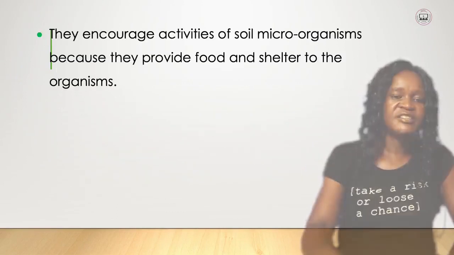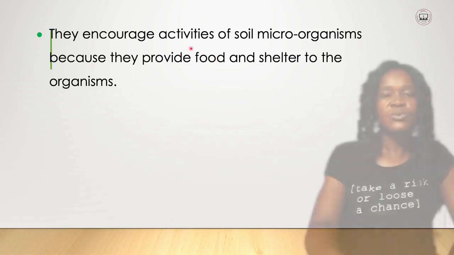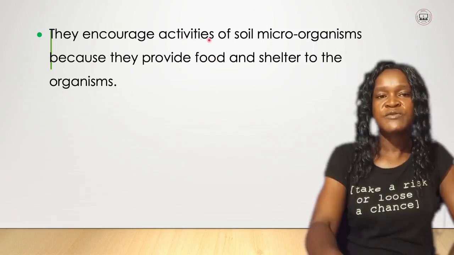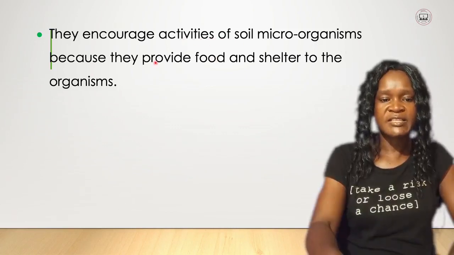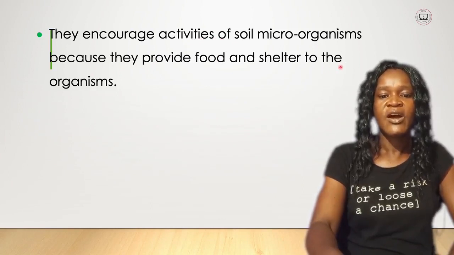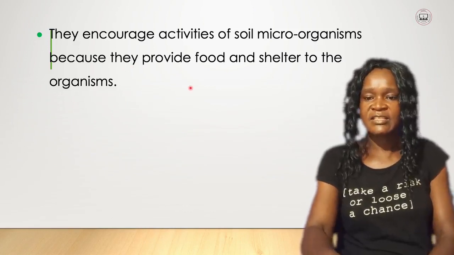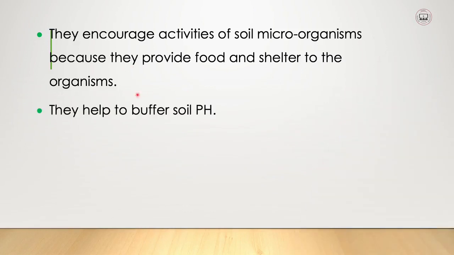Another advantage is that they encourage activities of soil microorganisms. So they create a conducive environment for microorganisms. Why? Because they provide food and shelter to the organisms, hence increasing their activity. Apart from that, they help to buffer soil pH.